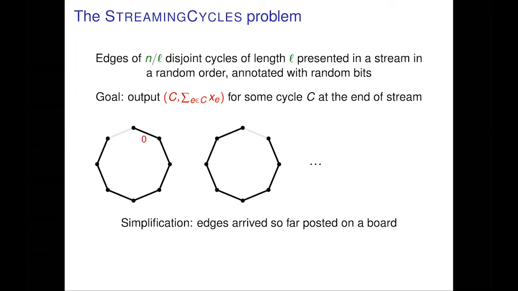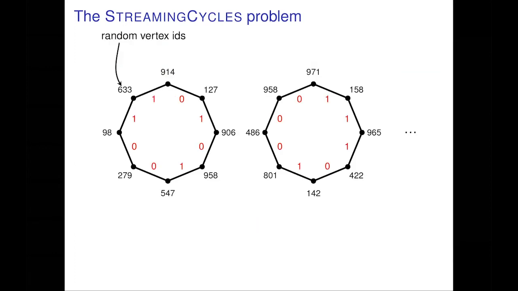Okay, good. And so now we have received the entire graph. To be precise, I have to make the IDs of the vertices appearing in the stream uniformly random, because otherwise the structure of the cycles is very apparent.